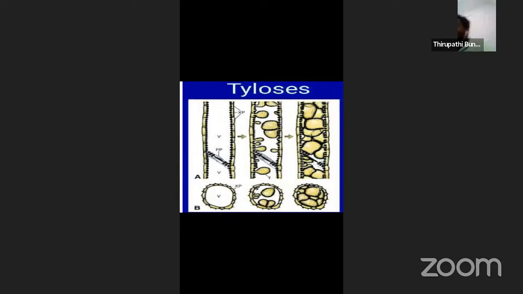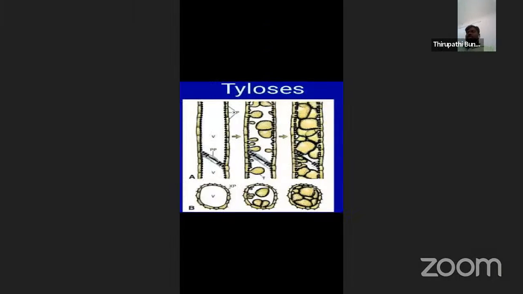And along with that, tannins, resins, and other substances are secreted and filled in heartwood. Tylosis is an outgrowth. Sir, are tylosis present in sapwood? Not present. That's why heartwood does not participate in the conduction process.